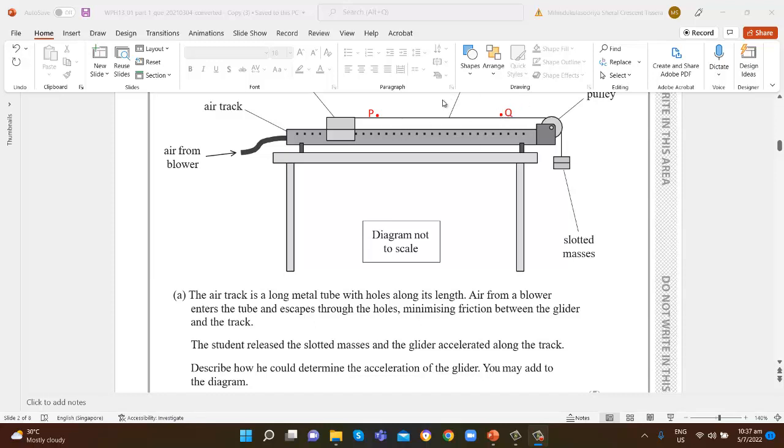So the glider is initially at rest. That means initial velocity is going to be 0. If initial velocity is 0 and you want to measure the distance, if you know the time, as I have explained nicely in previous videos, you have to use s equals ut plus half at squared. You can follow my videos and learn previous parts, but I am still recalling them.